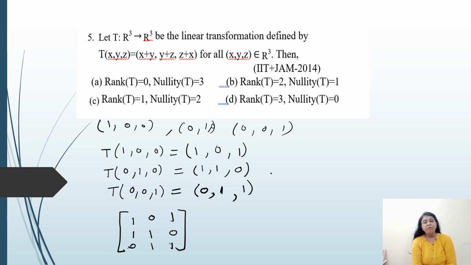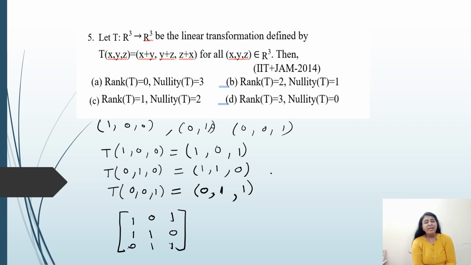First of all, we will find T(1,0,0): just substitute x as 1, y as 0, z as 0. So it becomes (1, 0, 1). T(0,1,0): put x as 0, y as 1, z as 0, we get (1, 1, 0). And for T(0,0,1), we will get (0, 1, 1).